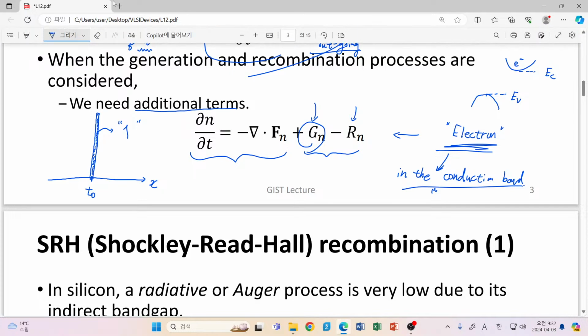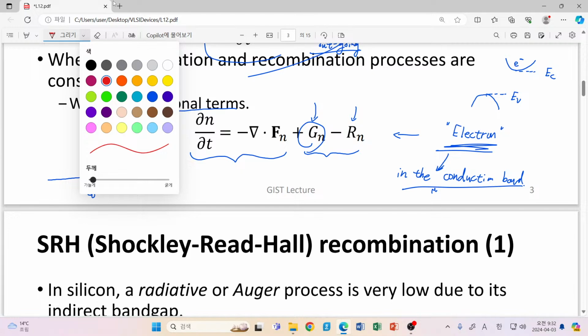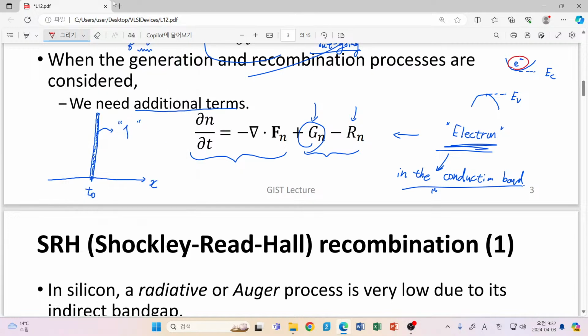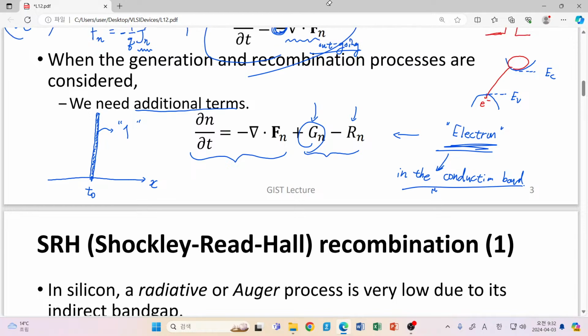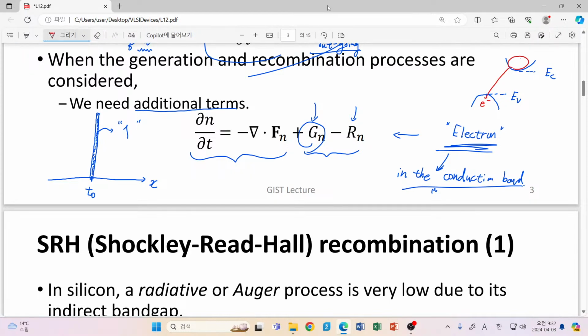However, if our electron transits from one point to the other point, in this case, now we don't have any electron in this conduction band, then although the number of electrons is still 1 for this entire system, but only for the conduction band, what happens?